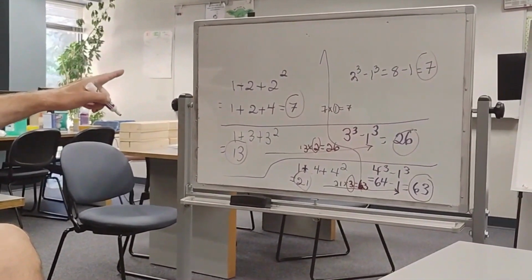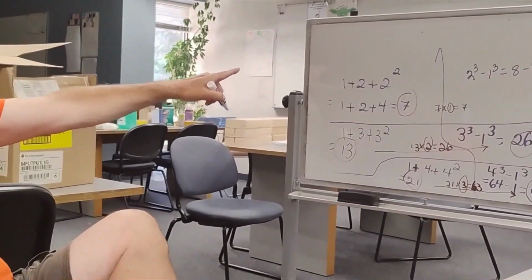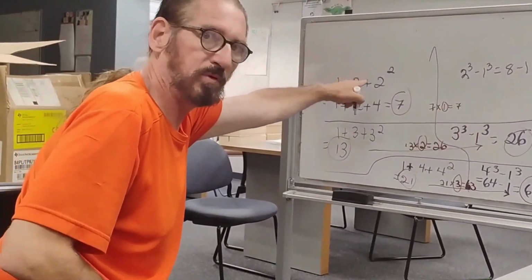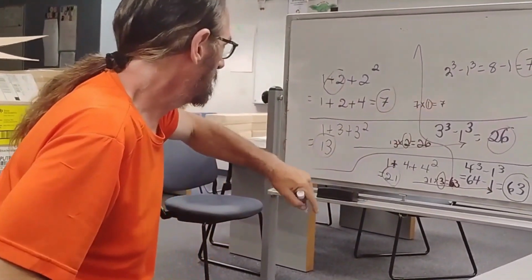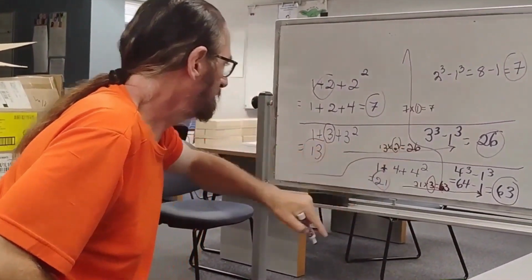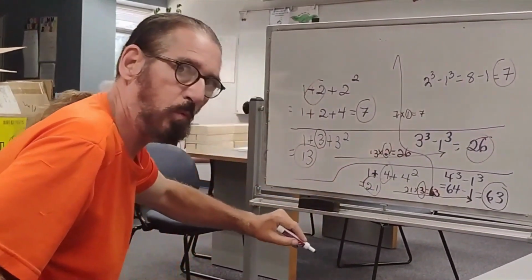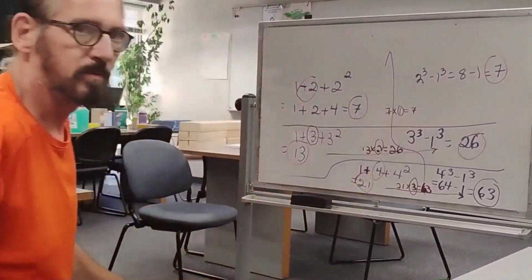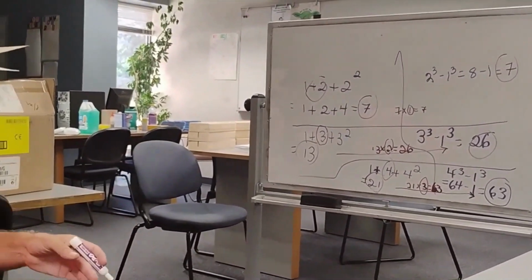In that first example the common ratio was 2, and we're multiplying by 1 here. Here our common ratio is 3, we're multiplying by 2. And our common ratio here is 4, we're multiplying by 3. Yeah, n minus 1. Okay, so it's 1 less than the common ratio.